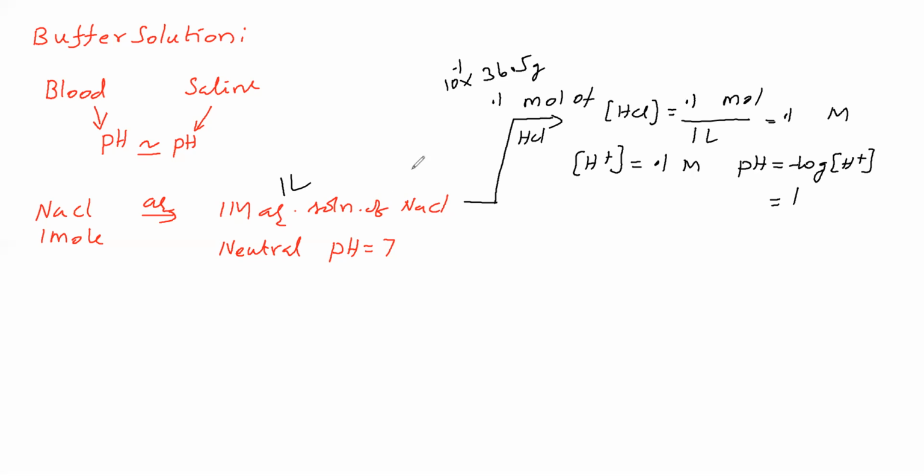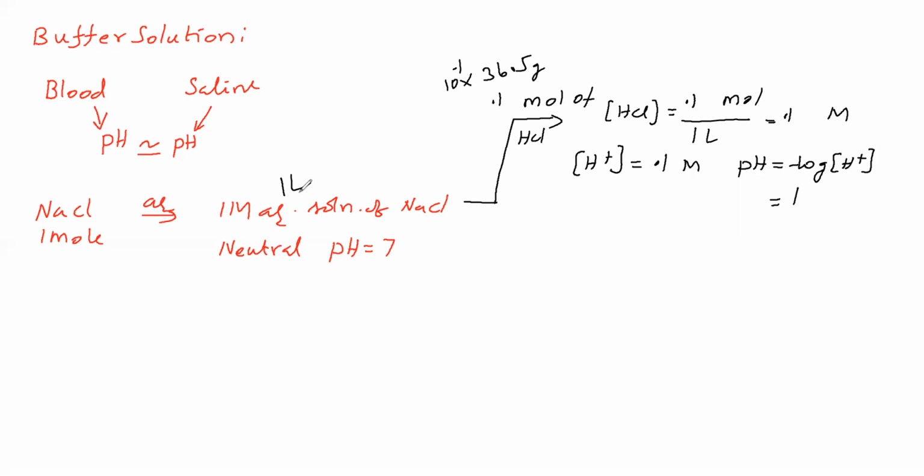Now, shall we call this solution a buffer solution? Buffer solution means it has to resist the change in pH on adding acid or base. On adding acid or base, it should resist the change in pH, then the solution is a buffer solution. But in this case, we are adding acid, and this solution is unable to resist the change in pH.